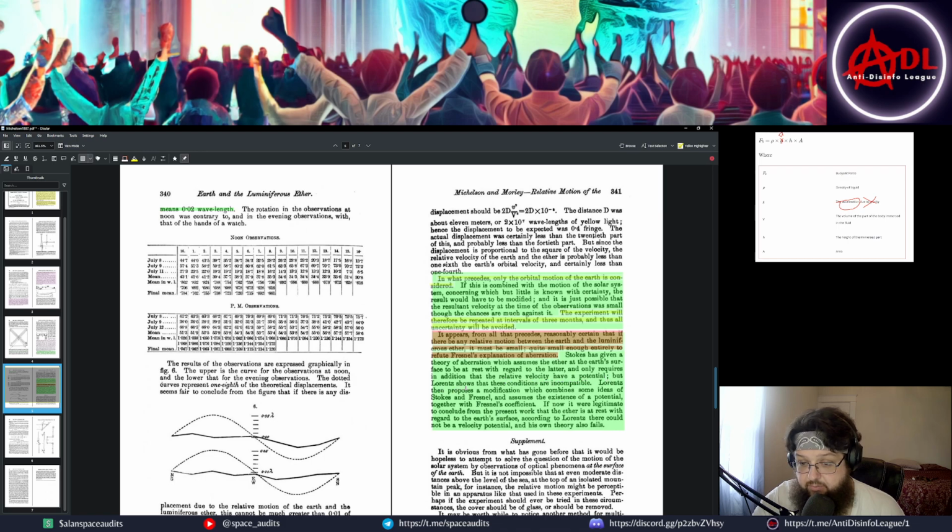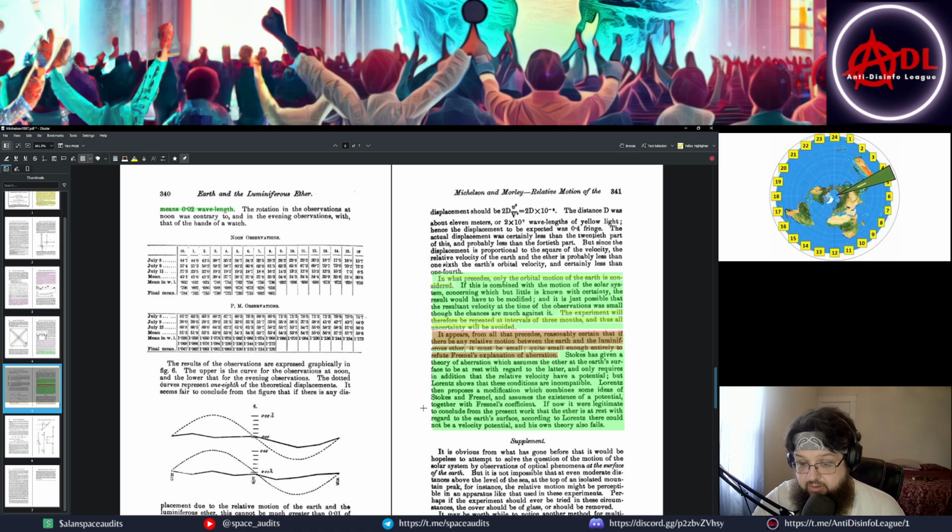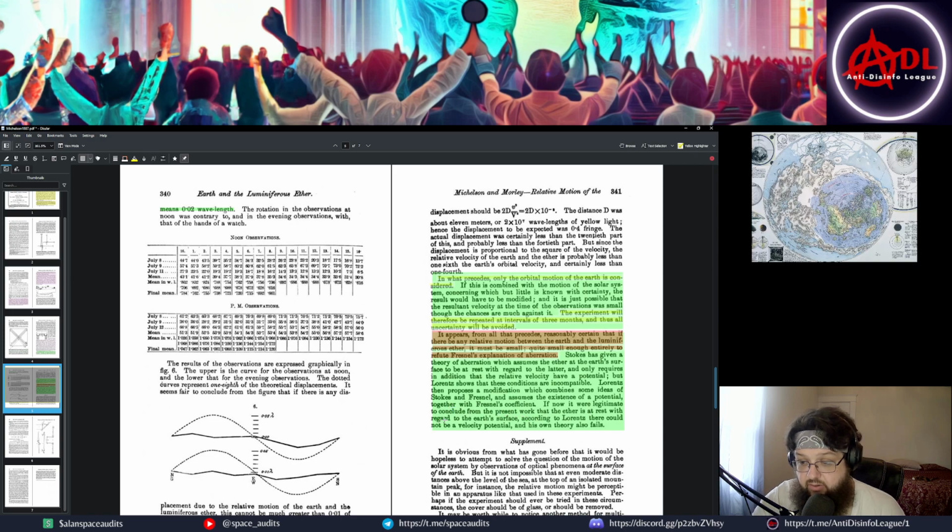Lorentz then proposed a modification which combines the ideas of Stokes and Fresnel, which assumes the existence of a potential together with Fresnel's coefficient. If now it were legitimate to conclude from the present work that the ether is at rest with regard to the Earth's surface, then, according to Lorentz, there could not be a velocity potential, and his own theory fails.